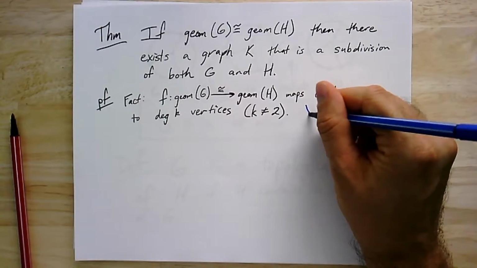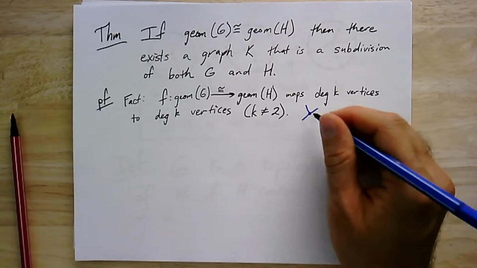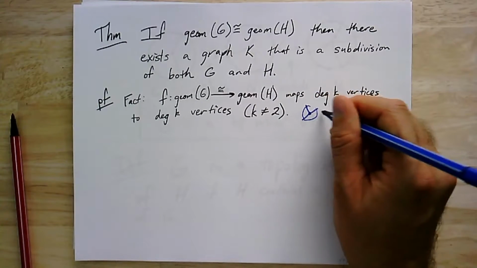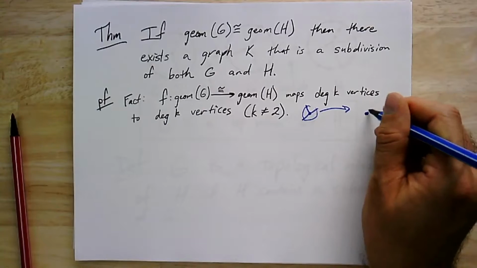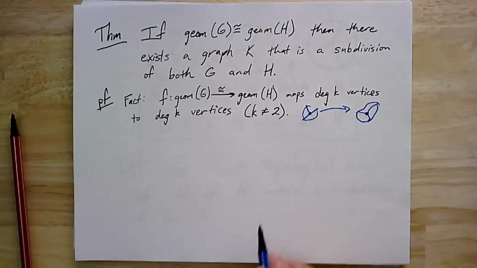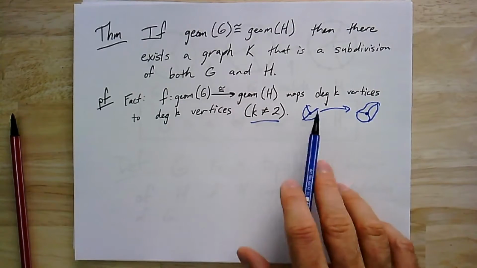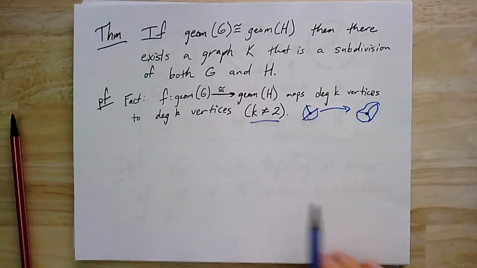So that means, like, if I have three edges coming out of a point, any homeomorphism, no matter where this goes, is going to have to map it to a point with three edges coming out of it. So other than the degree 2 vertices, this homeomorphism is going to map the vertices to vertices. We don't know what happens to the other ones.